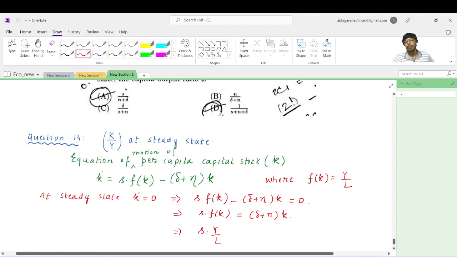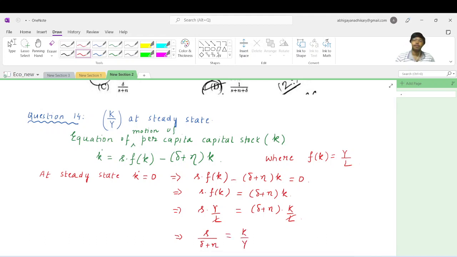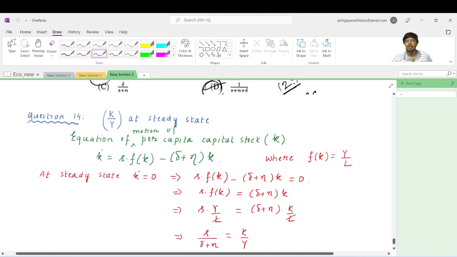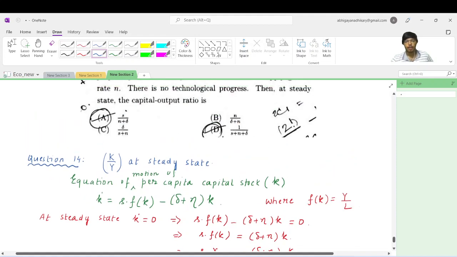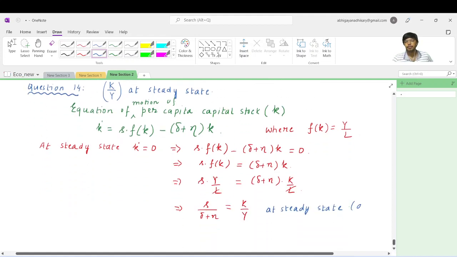It is simply y by l. And what is small k? It is k by l. So this l and l will cancel out. If we take the y down and take the other terms to the left, what do we have? We have the k by y ratio at steady state. So this matches with S by n plus delta. It is option A.